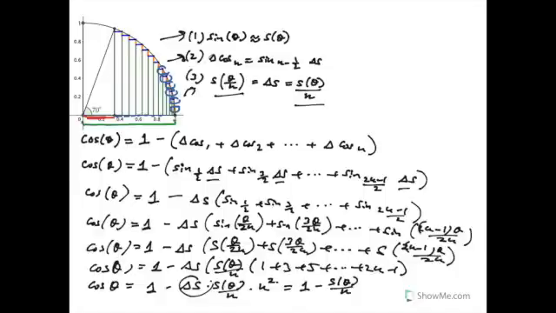Oh, I lost my 2 somewhere. There it is. Sorry about that. All of these had a 2 in the denominator. So I get 1, here's the 2 there. I end up with this, s theta over n times s theta over 2n times n squared.